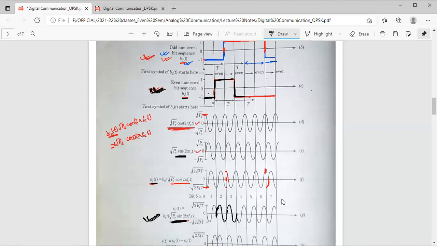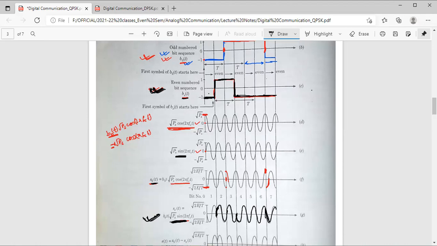And again this will remain the same, as the polarity of the incoming signal is the same. It continues to be -1, so it will remain in the same phase.